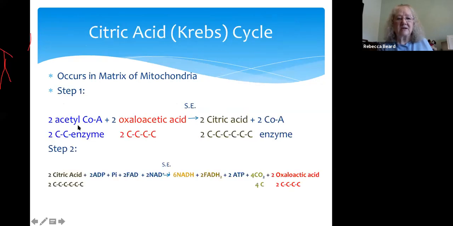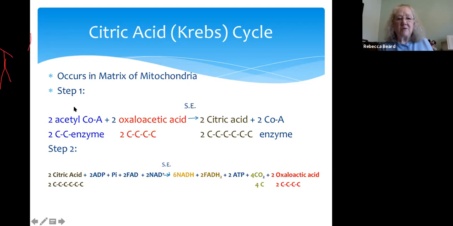Here's our acetyl coenzyme A, and this is going to be the beginning of the Krebs cycle, or the citric acid cycle. This acetyl coenzyme A goes into the matrix of the mitochondria, which is the middle portion.